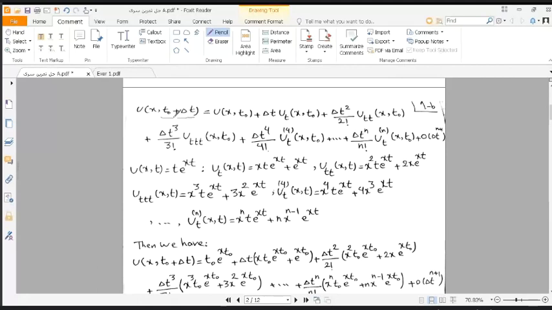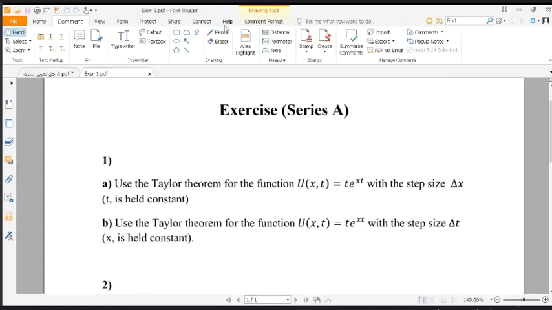Based on Taylor's theorem, we have u of x and t0 plus delta t. What is delta t? Delta t is the step size for t.